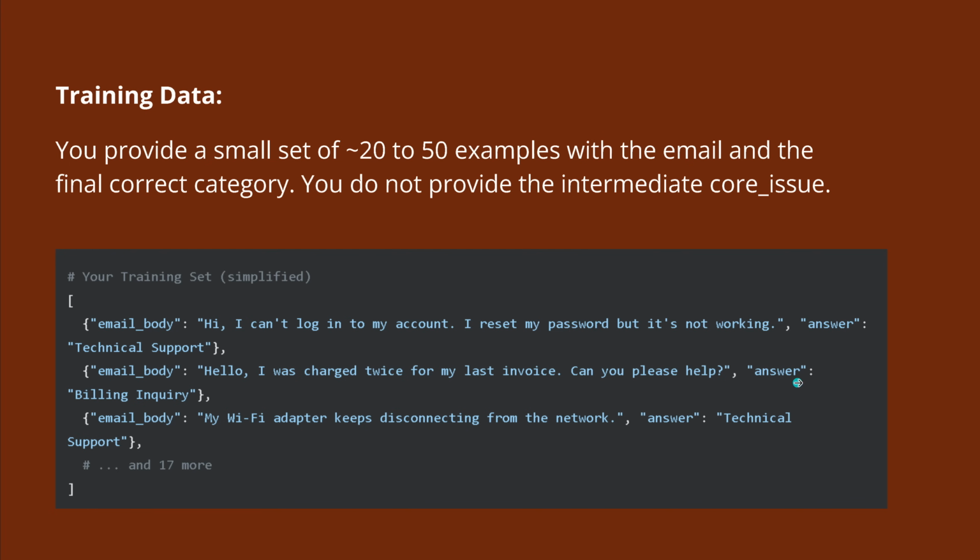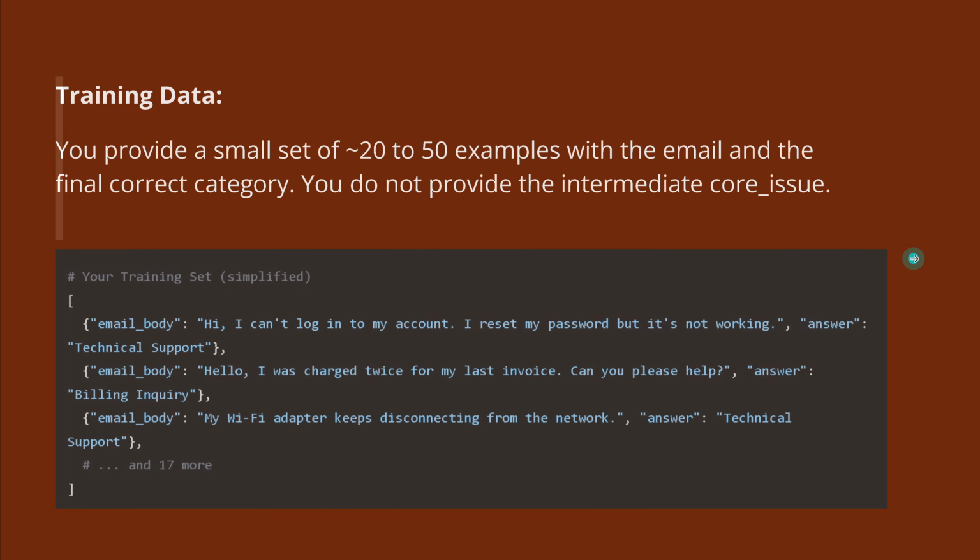What is the answer that you want? Billing inquiry. So 20, 50 examples given the complexity of your task. If you have only 2 modules, easy. If you have 7 modules and a highly complex tree structure, yeah, 200, 400 examples. Show every possibility. You define how you want the behavior of AI.